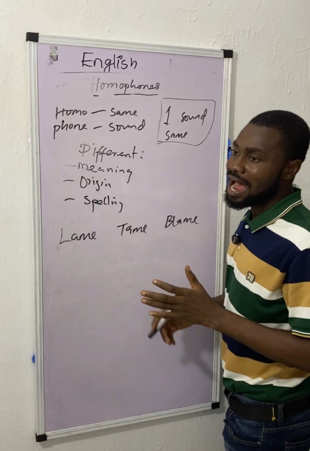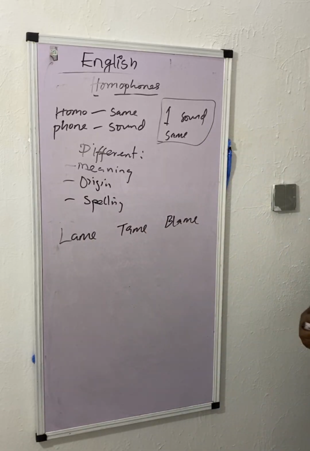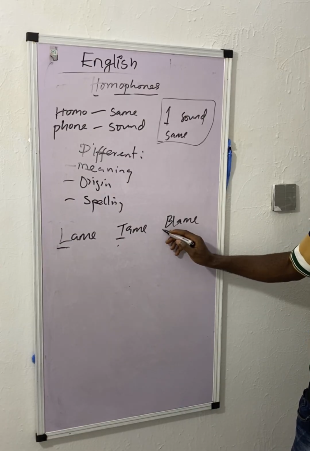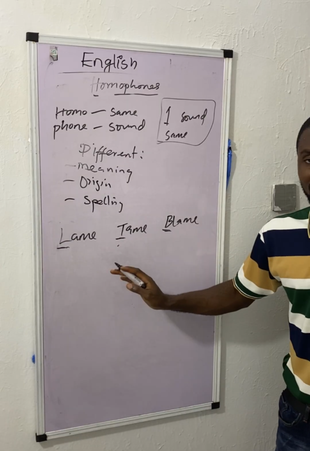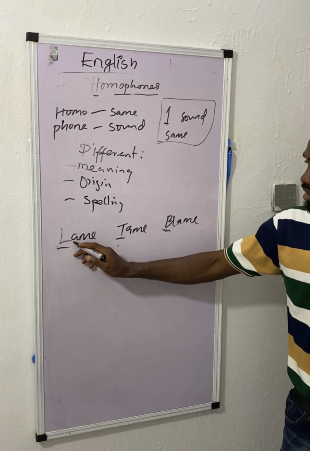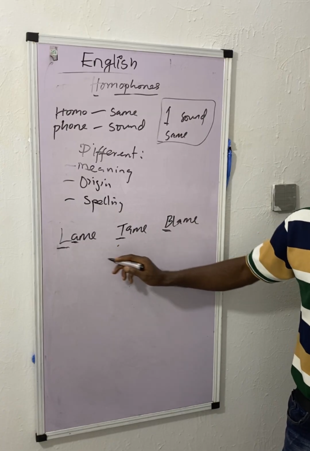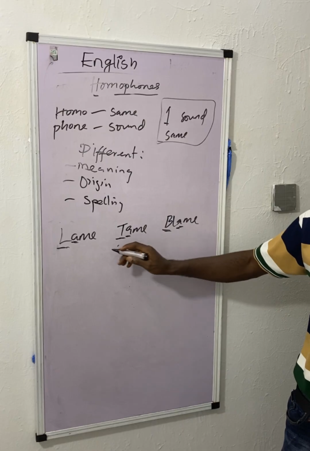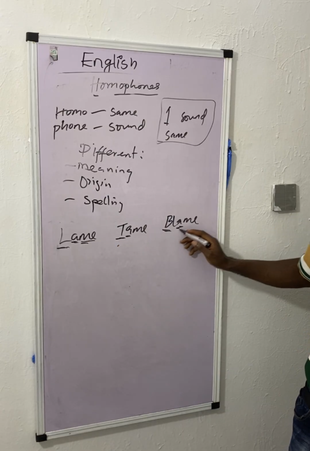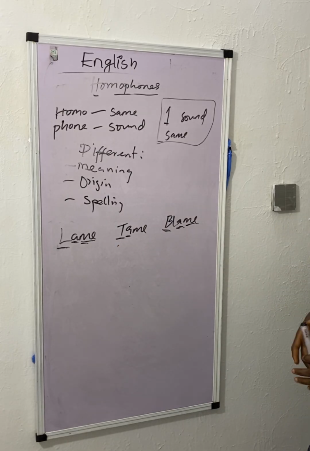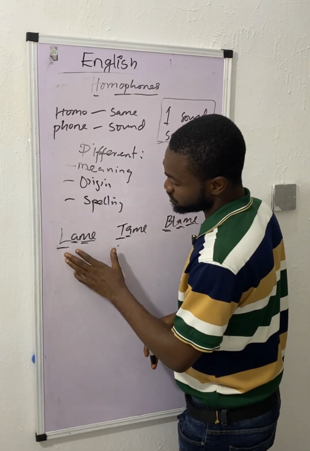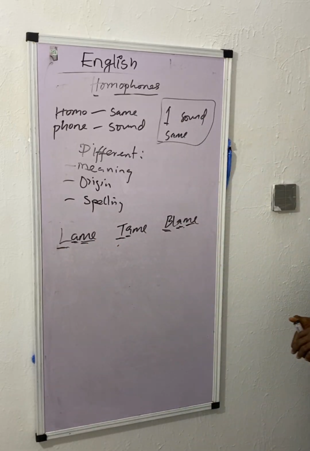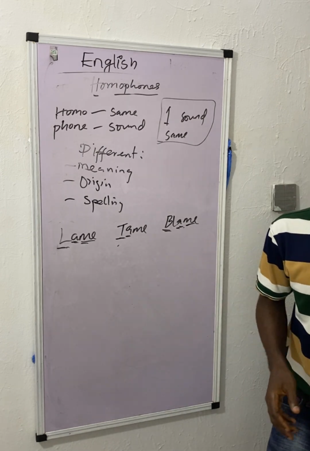Remember, homophones have the same vowel and consonant sounds. The consonant sound here is L, this one is T, this one is B. Only the vowel sound A is common to them. At least there's one difference, which is that the consonant sound is different. So this one is a wrong example.